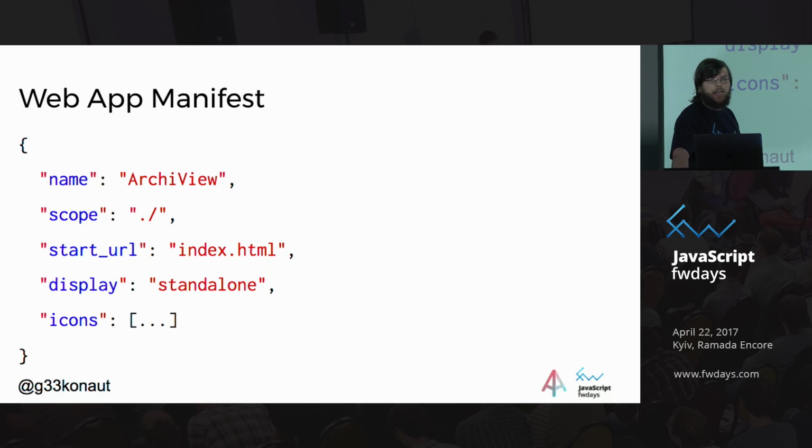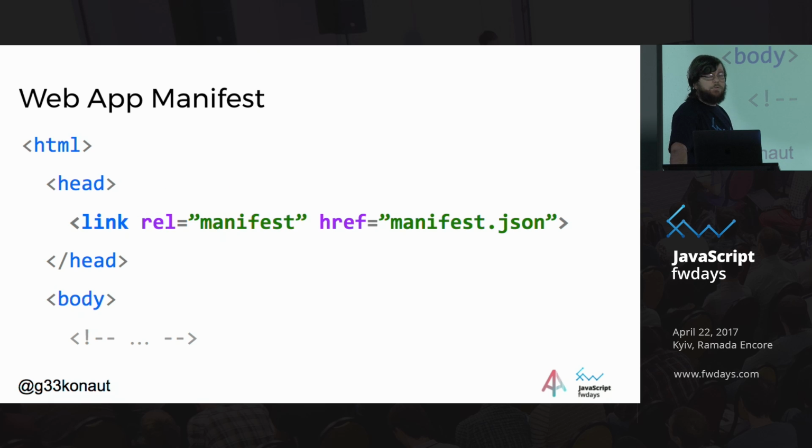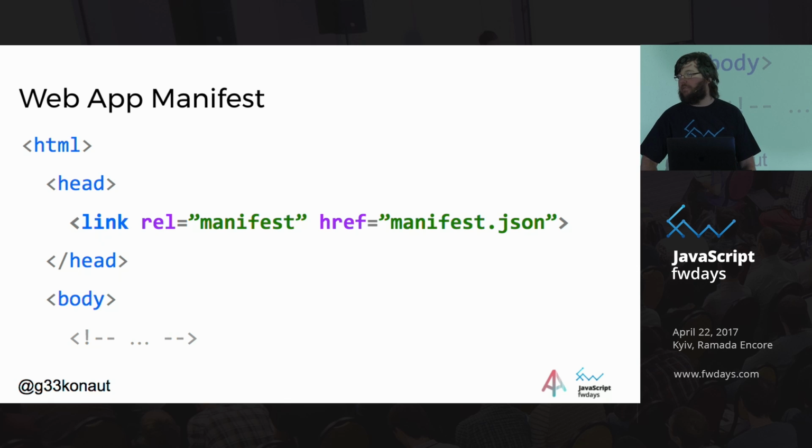And then you have to specify icons. It's enough to have one larger icon, the browser is going to scale it down automatically. And this is how you tell the browser that your web app is available as a progressive web app: you link to your manifest JSON file. If that is the case, and you're on SSL, which you can totally be, GitHub Pages has it, Heroku has it for free, Cloudflare has it for free, Let's Encrypt does it for free, so there's no good reason not to have SSL on your websites.